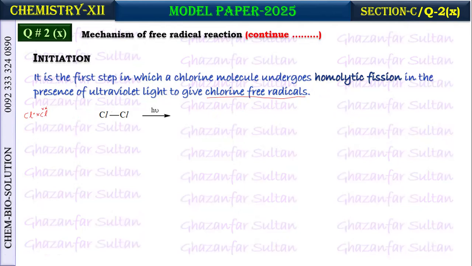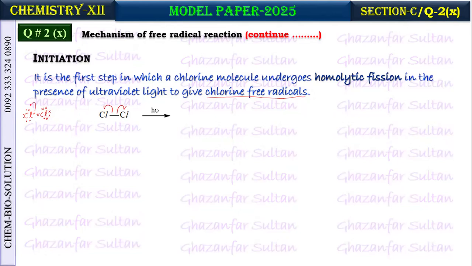You do not need to draw the dot cross structure, but for explaining to you, I am drawing this. So in this reaction, what happens? One way is that both the electrons of the pair, during bond breaking, go to any one of the atoms. But here, one electron goes to one chlorine atom and another electron goes to the other chlorine atom.